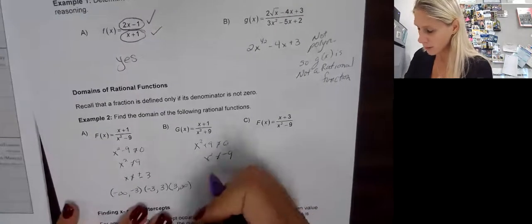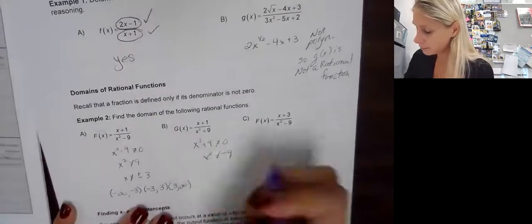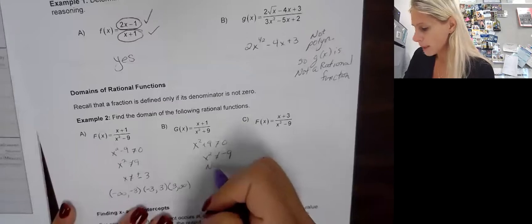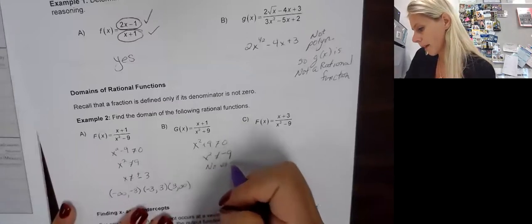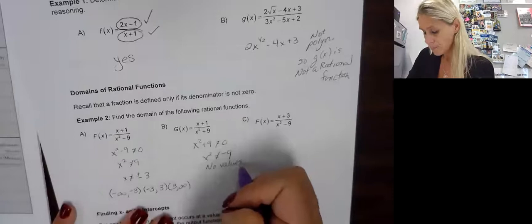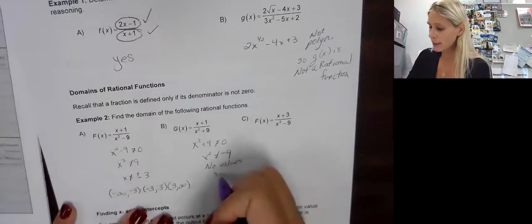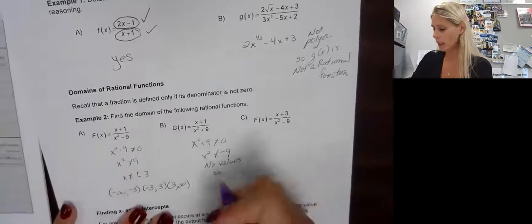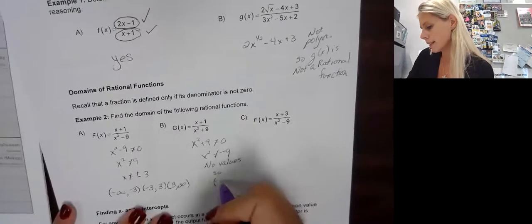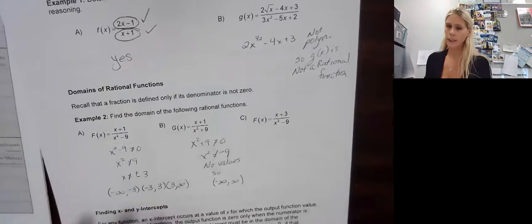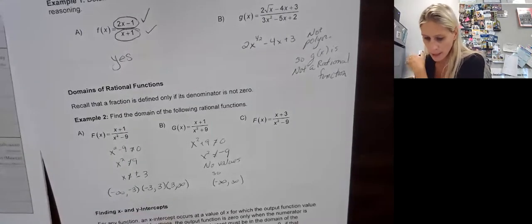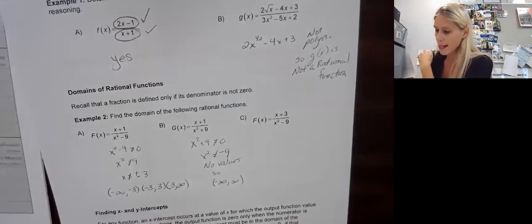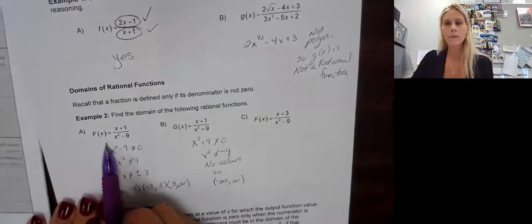It always equals a positive. So this would be no values, right? Because this can't happen. So since we don't have an issue here, our domain is automatically negative infinity to infinity. And the next one here is the same as A.